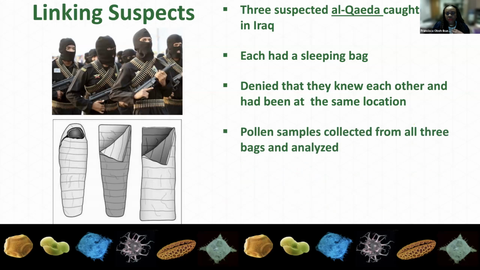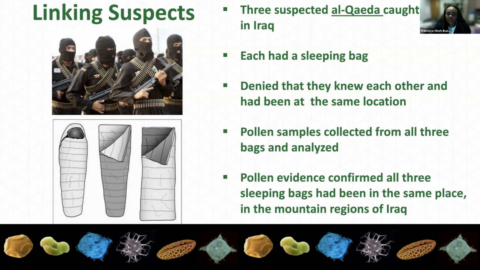What happened was the pollen samples were collected from all the bags and analyzed. The evidence confirmed that all three sleeping bags had been in the same place, in the same mountain region in Iraq. The interesting thing about forensic palynology is that the palynologist who is analyzing the sample is not told where the samples come from. So they work blindly and then give their results.